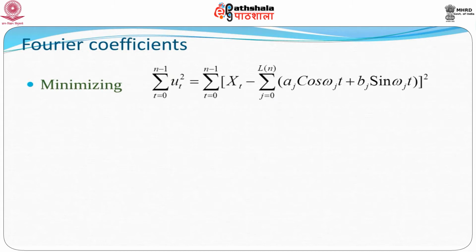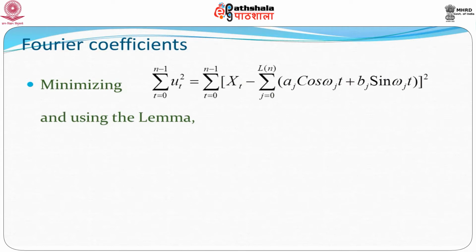Now, given this result, let us minimize the summation of u_t squared, which is x_t minus the sum over j of a_j cos(ω_j t) plus b_j sin(ω_j t), and then you square this whole thing and sum over t.